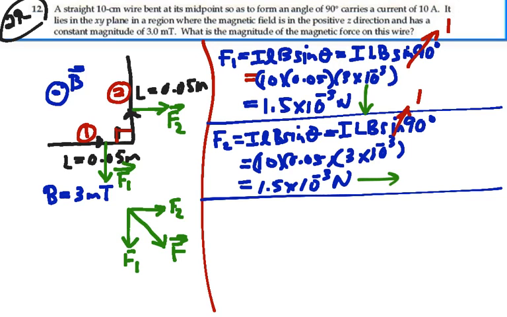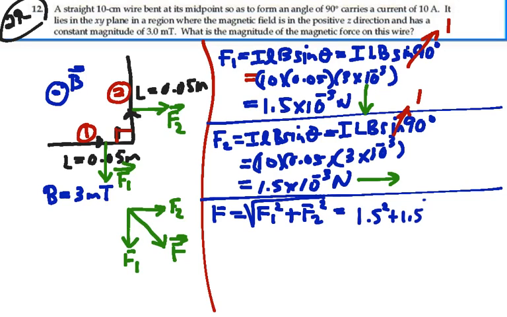So by the Pythagorean theorem, our net force is going to be the square root of F1 squared plus F2 squared, which is going to equal the square root of 1.5 squared plus 1.5 squared, times 10 to the minus 3.